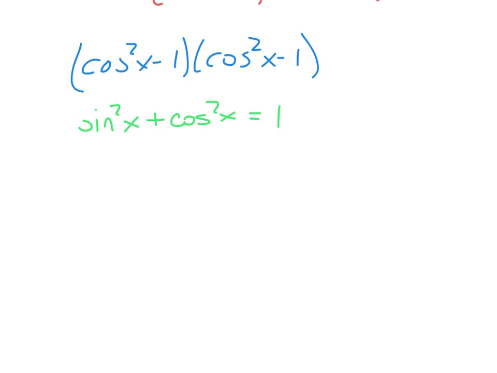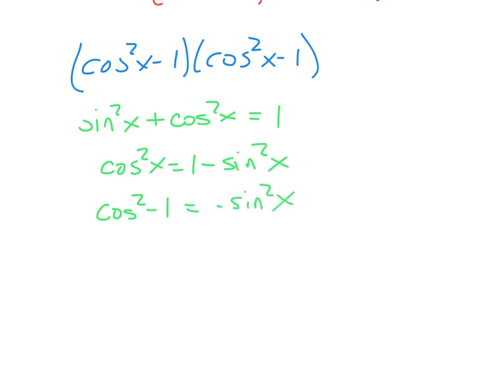So I'm going to subtract the sine squared x over, and then I'm going to subtract the 1 over. And so then we have cosine squared minus 1 equals negative sine squared of x. And so then we can substitute that back up here.